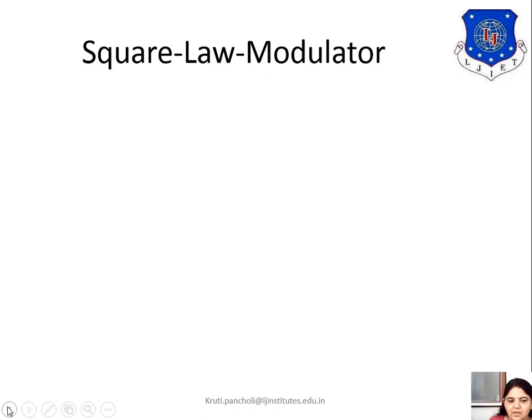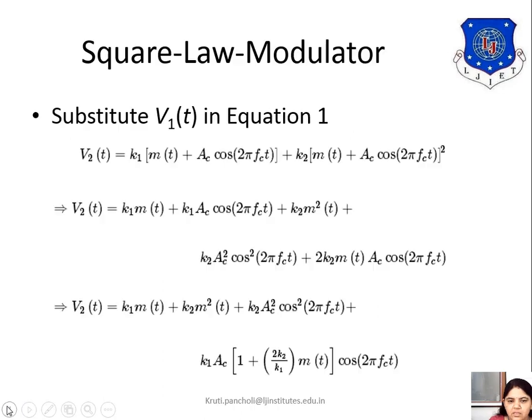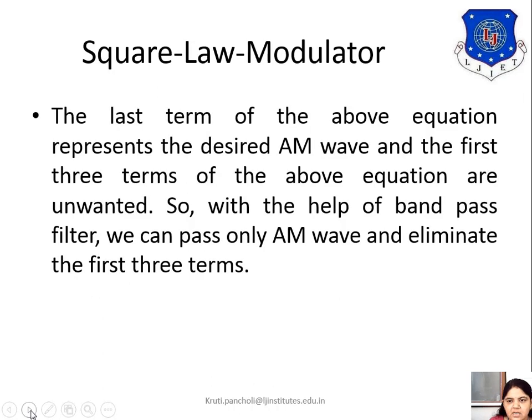The last term in this equation, when compared with the equation of the AM wave, is the desired AM wave, and the first three terms of the equation are unwanted.